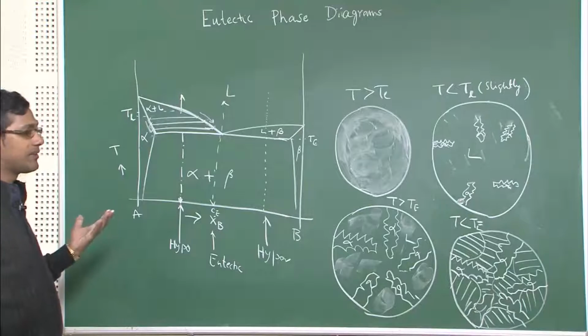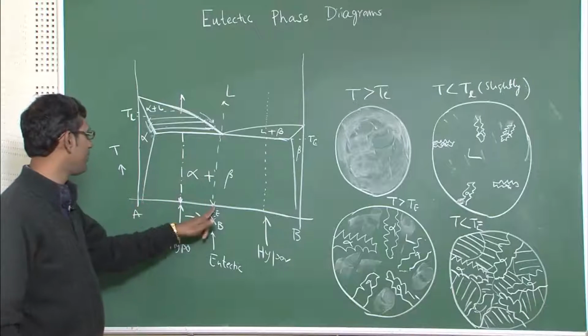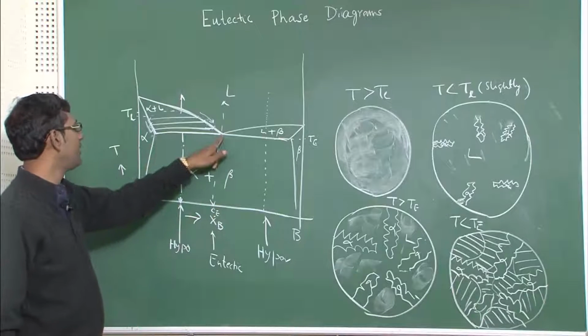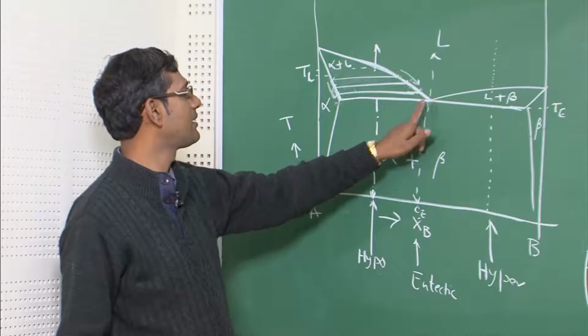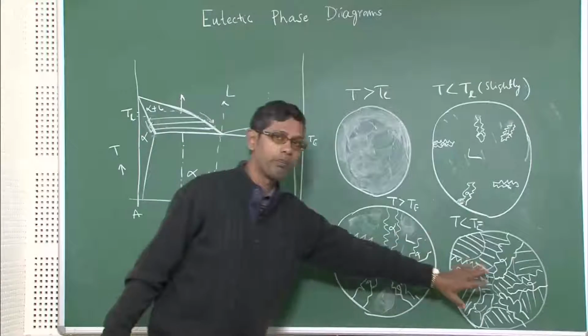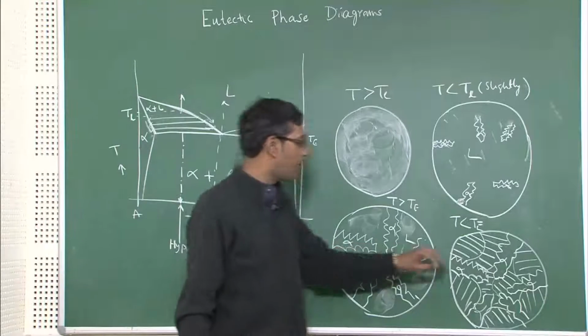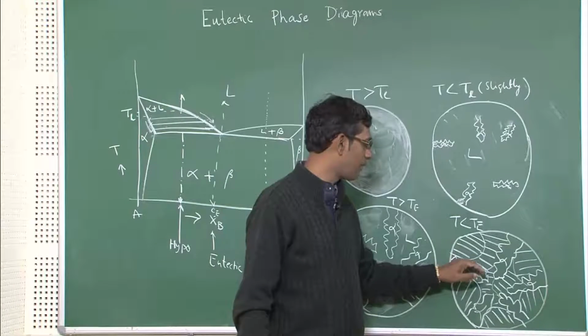So, the question is this: if I vary the concentration from this to this, that means a little less than eutectic and till this point, this is exactly what will happen. The only thing that will change is the volume fraction, or the amount of this alpha phase and the eutectic.